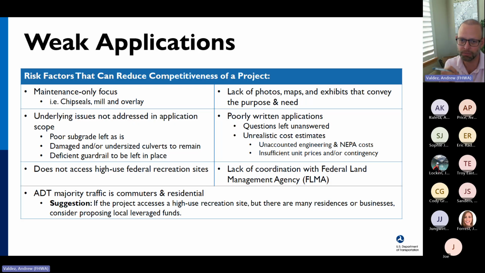And then, of course, the project must meet the basic eligibility criteria, and again, good coordination with the FLMAs. Sometimes we will see applications that seem more like rural or urban commuter routes, or neighborhood streets.